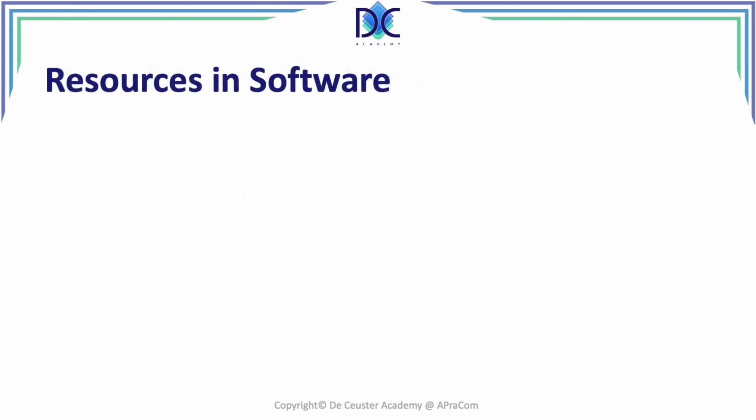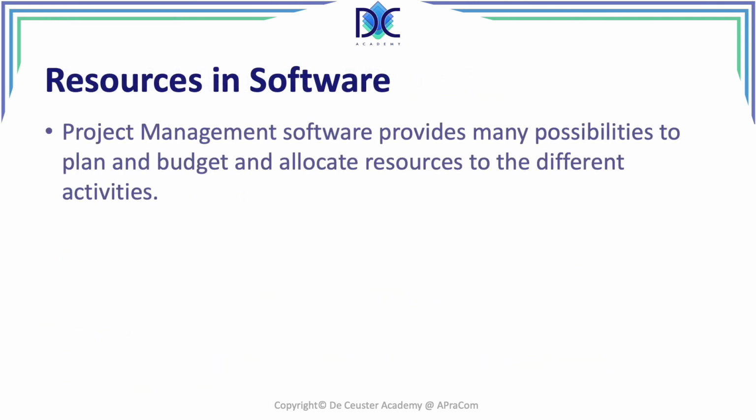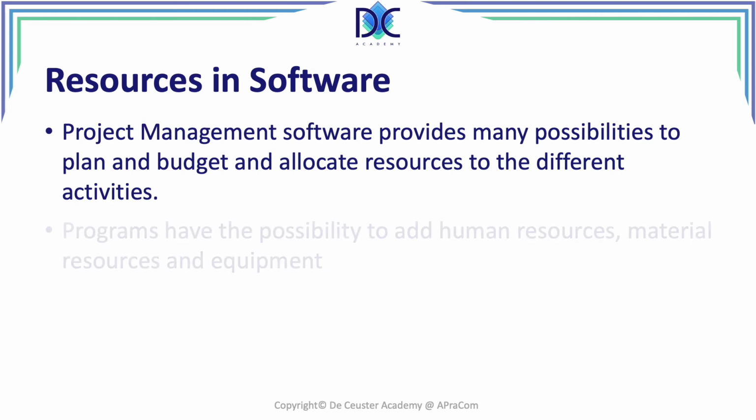When we look at resources in software, project management software typically provides many possibilities to plan and budget, and also to allocate resources to the different activities. We will look into an example when we look at Project Libre. It's easy to add the resources there, but other software also provides this, and it will help us look deeper into the allocation of resources.